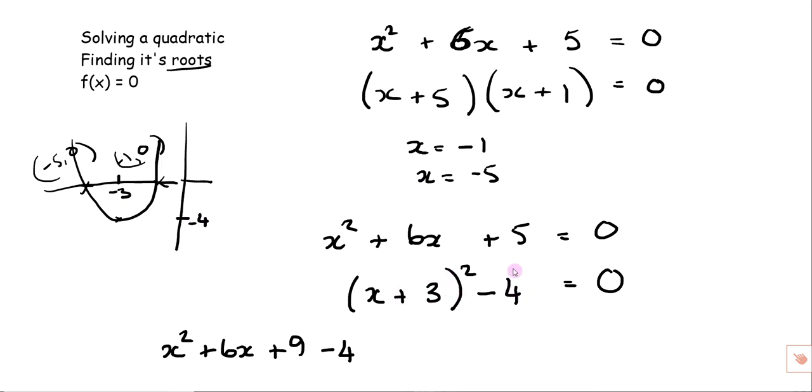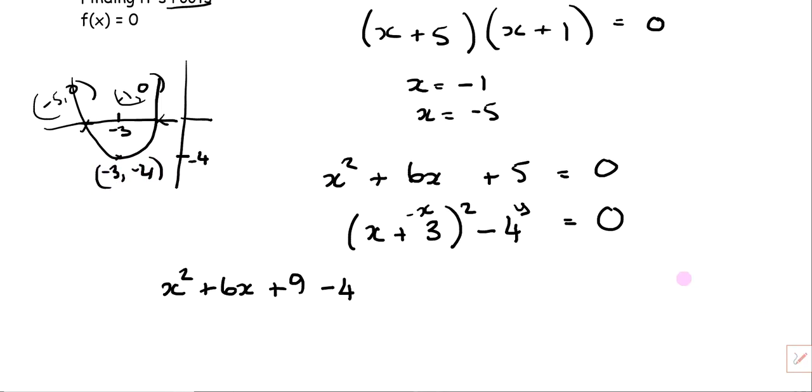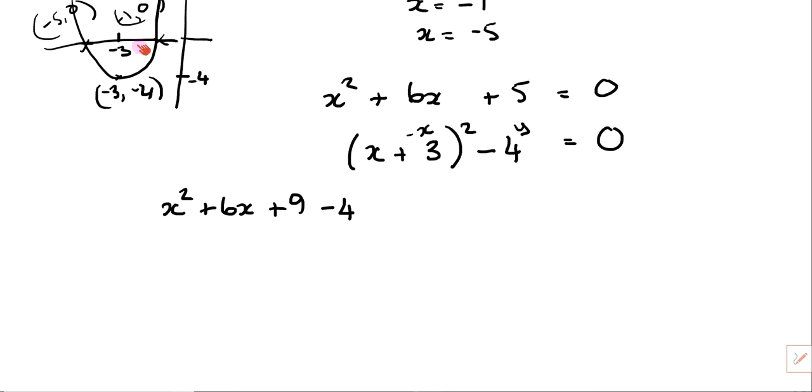So I can tell my vertex is -3, -4, but what if I were to ask for the solutions, the roots? I know what they are, they're -5 and -1. But is there any way of using completed square form to find those roots?